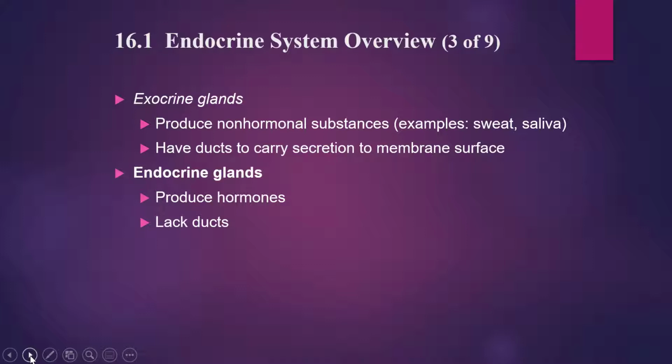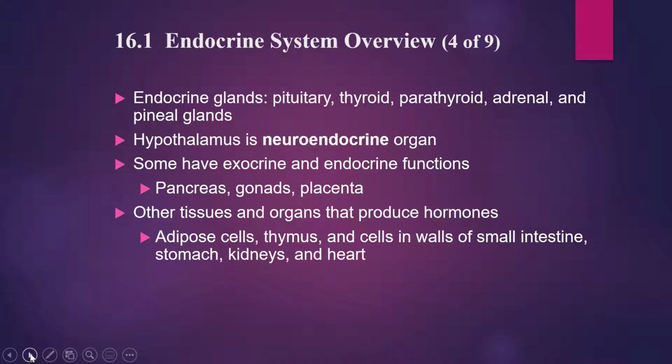But the endocrine glands are the ones that produce the hormones, and they are ductless. These will be your pituitary gland, thyroid gland, parathyroid, adrenal, and the pineal glands. The hypothalamus is also known as an endocrine gland, but it's part of the nervous system, so we call it a neuroendocrine gland.